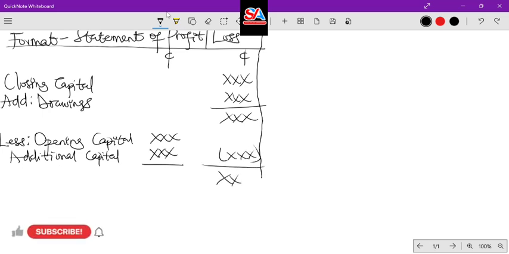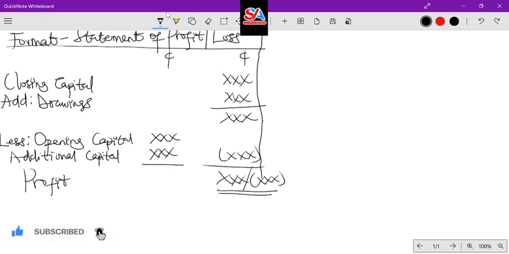And then this is your profit or your loss, right? So this is the format: closing capital, add drawings, less opening capital, additional capital is added. Then the total, you deduct it from the total of the closing capital and the drawings.